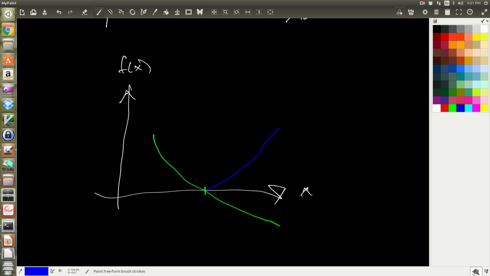And so the Newton-Raphson method and the secant method can jump around. The first guess might be here, then the next guess might be here, then here, and so on, getting closer and closer to the root.